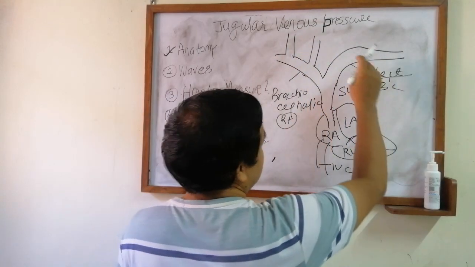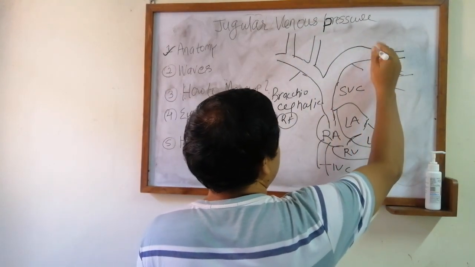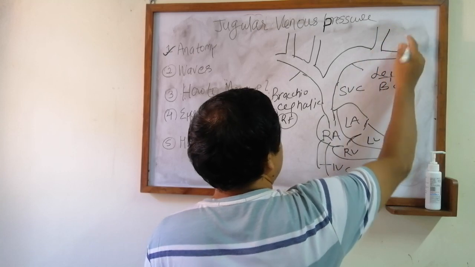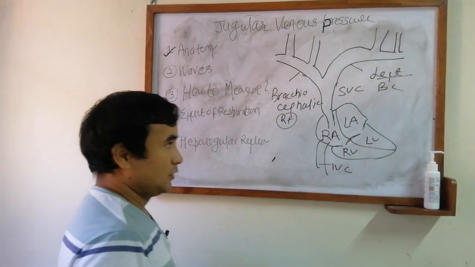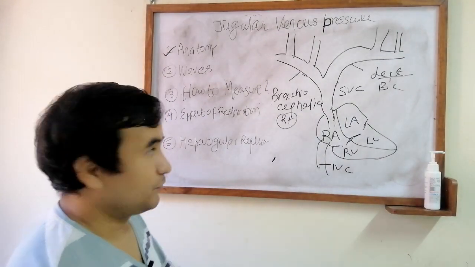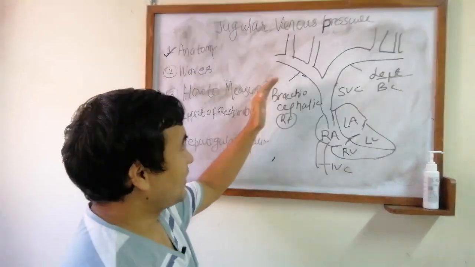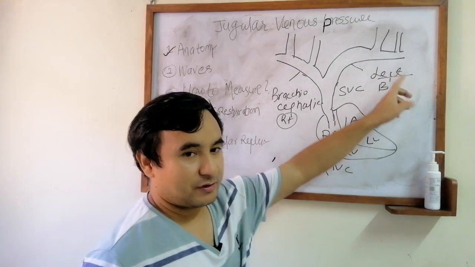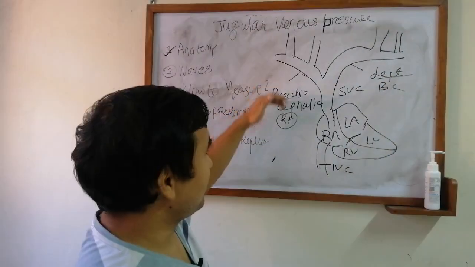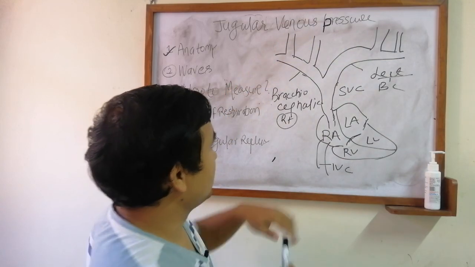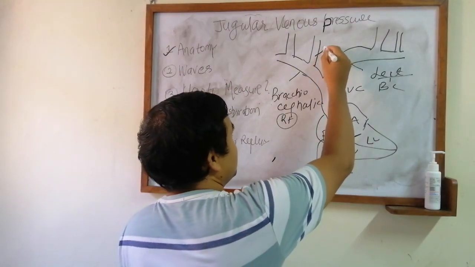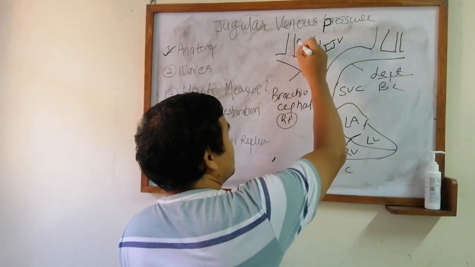Similarly, on the left there is also the internal jugular as well as the external jugular. So the superior vena cava is formed by the right brachiocephalic and the left brachiocephalic. In the right brachiocephalic there is drainage from the internal jugular vein. This is the internal jugular vein, this is the external jugular vein.